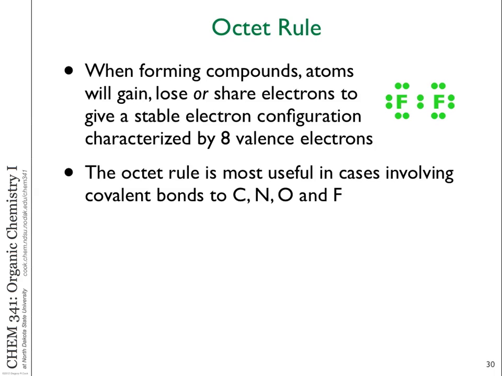When you go to the periodic table, that works great for these second row elements, right? Because you have S and P, you have 4 orbitals total, 1 S and 3 Ps, and a total of 8 electrons that can be accommodated. So the Octet Rule makes a lot of sense. But what if you go to something like copper or mercury or gold or molybdenum, one of those transition metals?